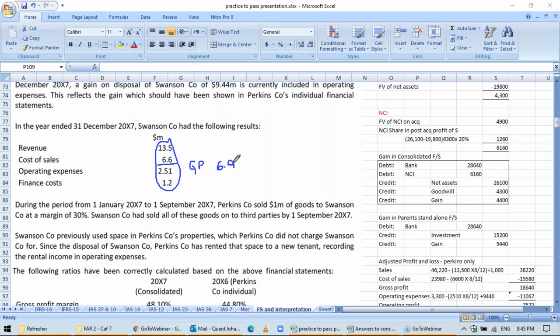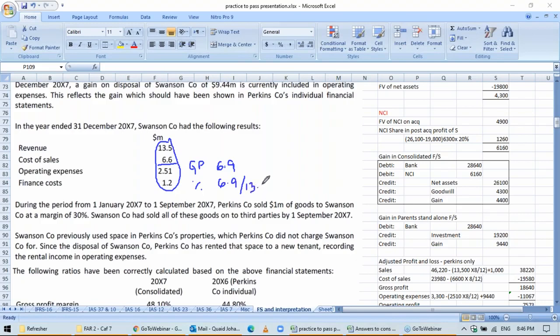Suppose a parent company sells a subsidiary company. So there should be some justification behind the sale, isn't it? If we calculate the gross profit margin over here, it will be 6.9 divided by 13.5.